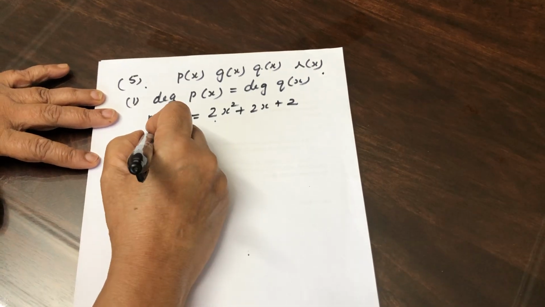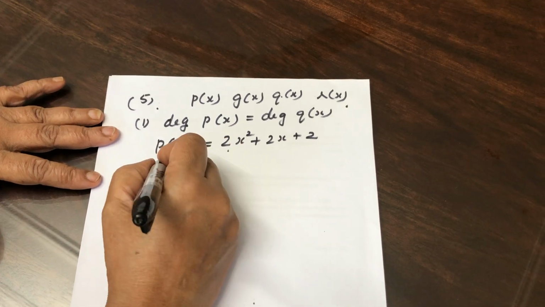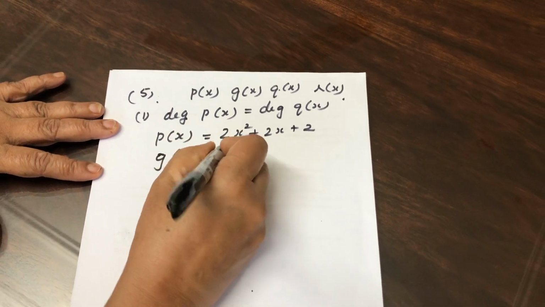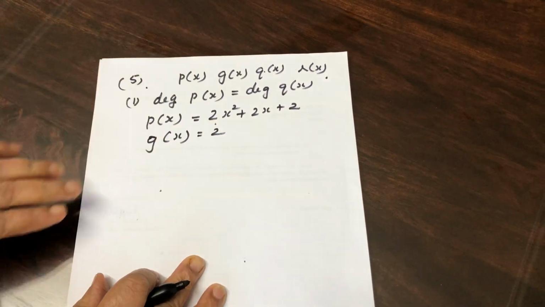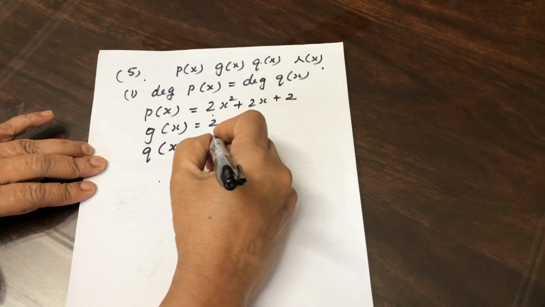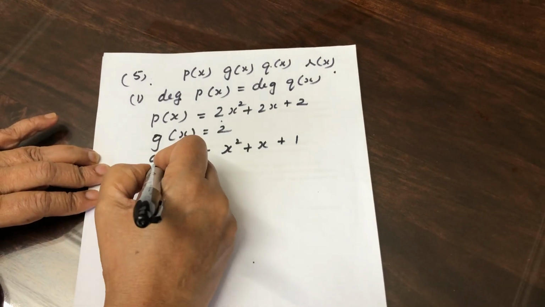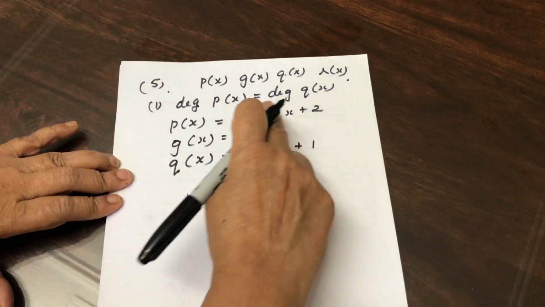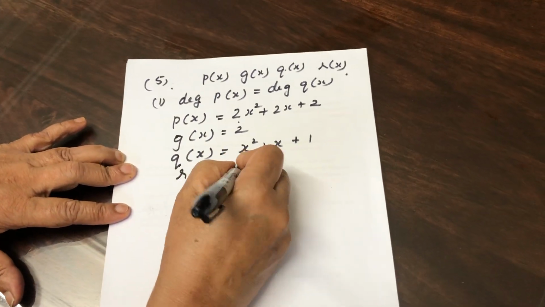I can take g(x) as 2. So that means you have to divide this polynomial by 2. So you get a quotient of x squared plus x plus 1. When you divide this by this, you get the remainder r(x) as 0.